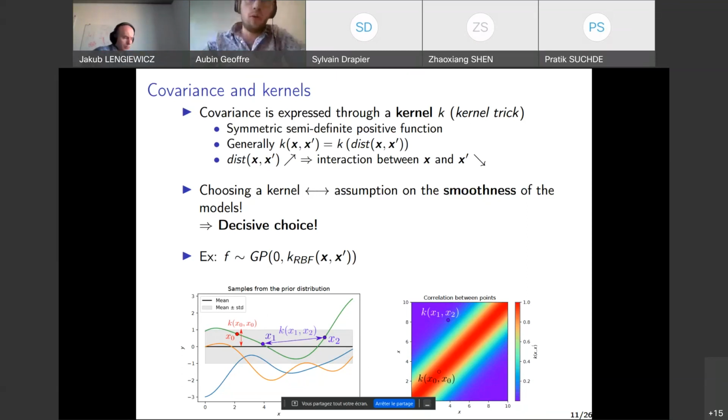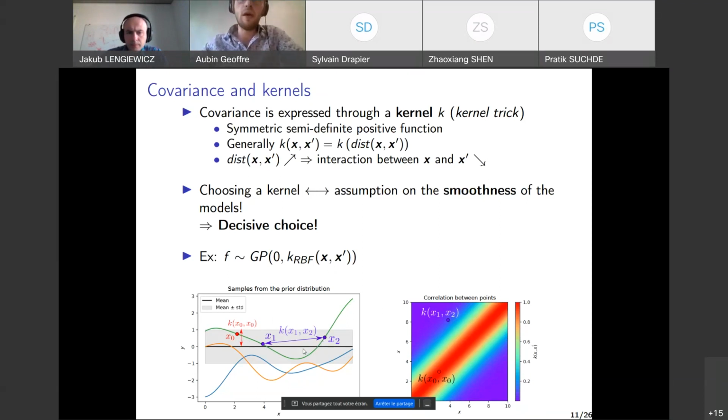What we can see is that if x equals x prime, then we retrieve basically the amplitude of the curve, that is the diagonal here. And when x is not equal to x prime, the interaction between those points will be expressed once again with the kernel function.